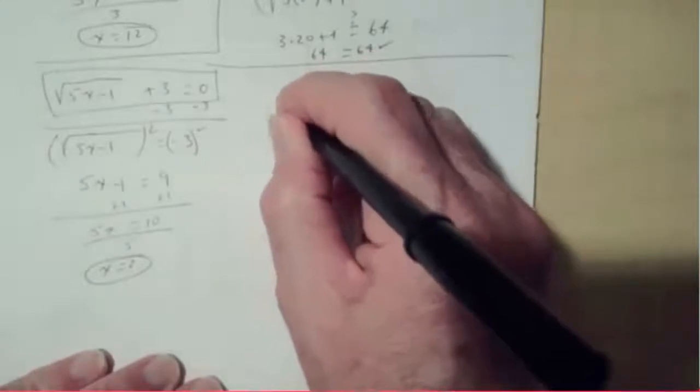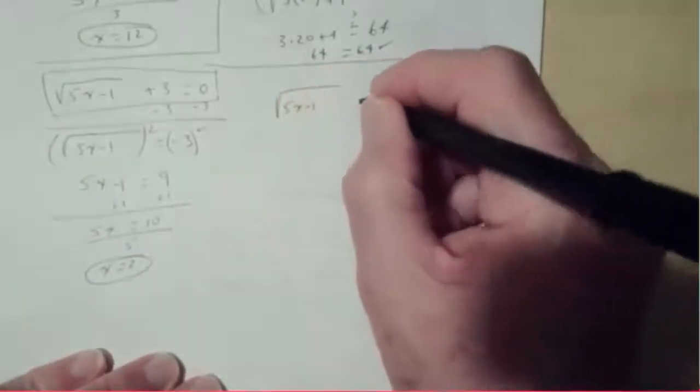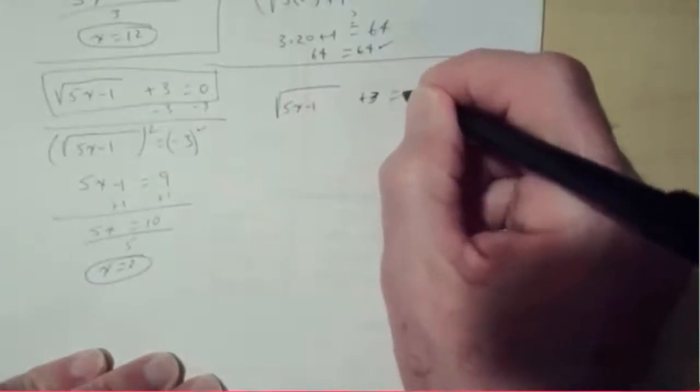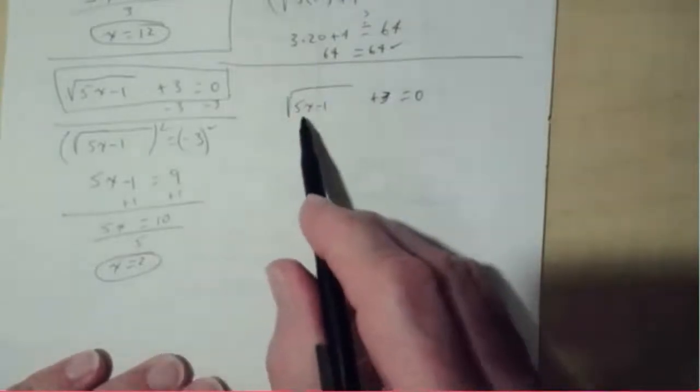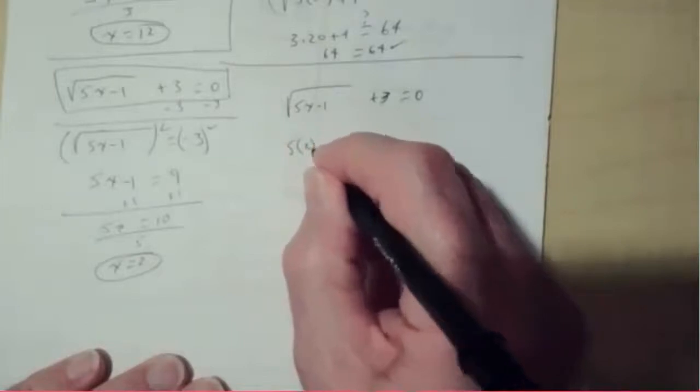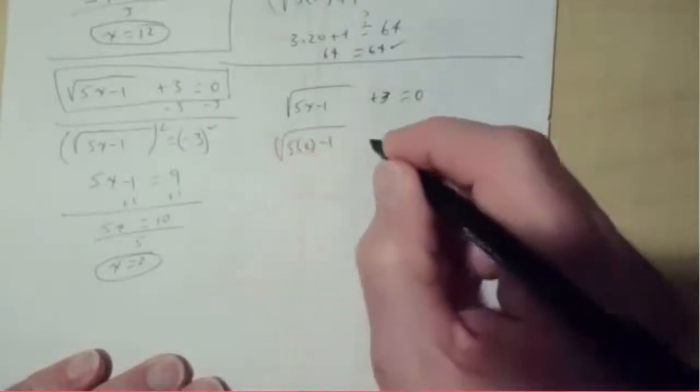Right? Now we have to plug this back into the original equation. The original equation was the square root of 5x minus 1 plus 3 equals 0. Now again, we have x is 2, so we plug it back in. So we have the square root of 5 times 2 minus 1.